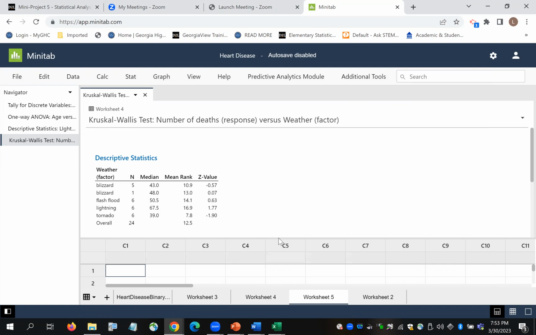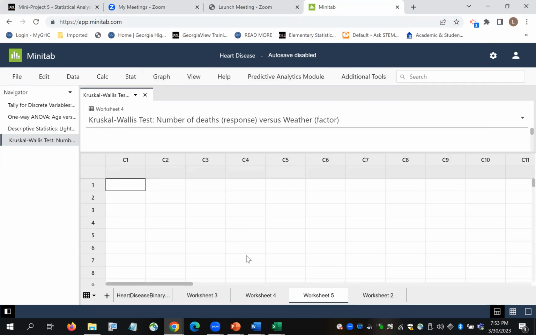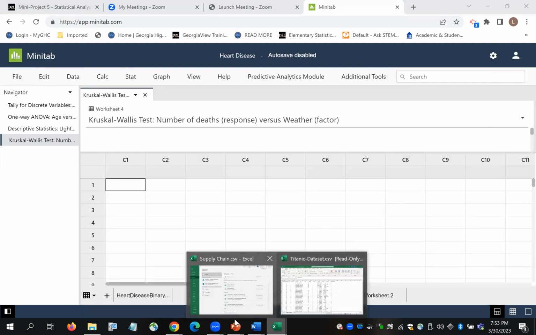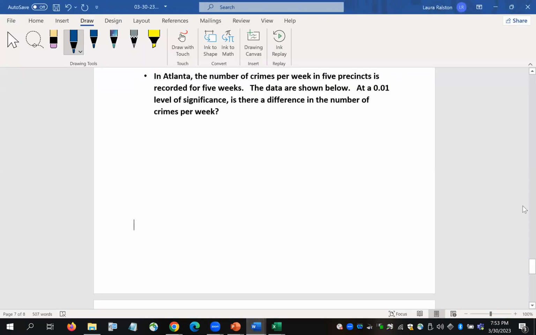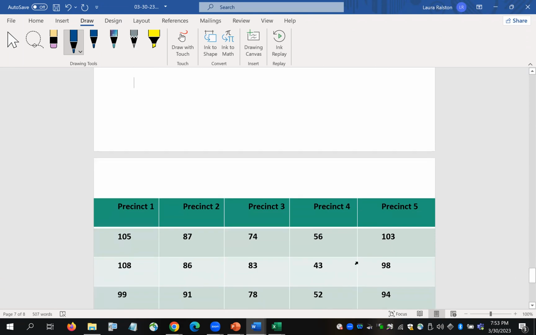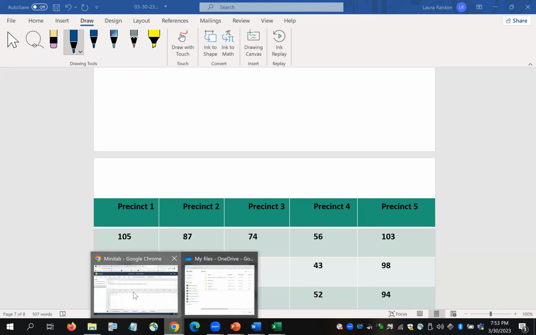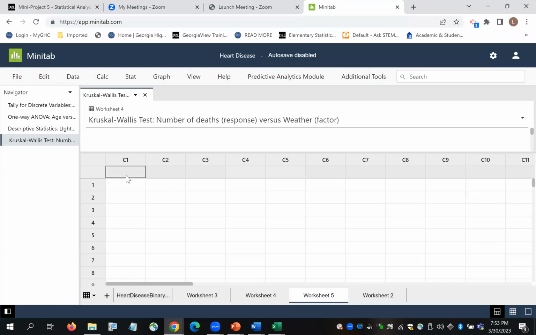I don't have time to do it, but if I were going to look at the next example, which looks at precincts in Atlanta, they have precinct 1, 2, 3, 4, 5. When I enter that into Minitab, I'm going to put the precinct number, which is going to be my factor, and you may want to label it as your factor.